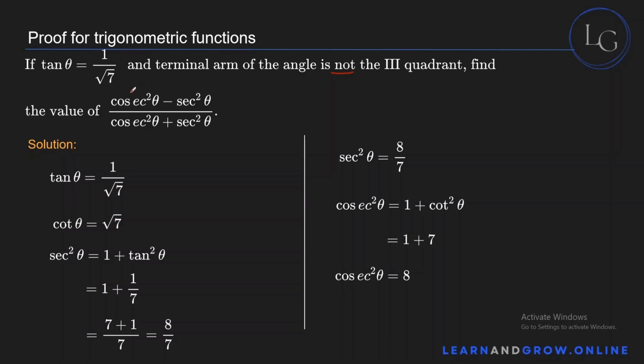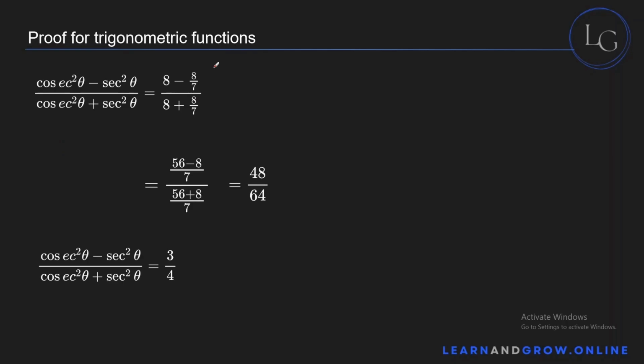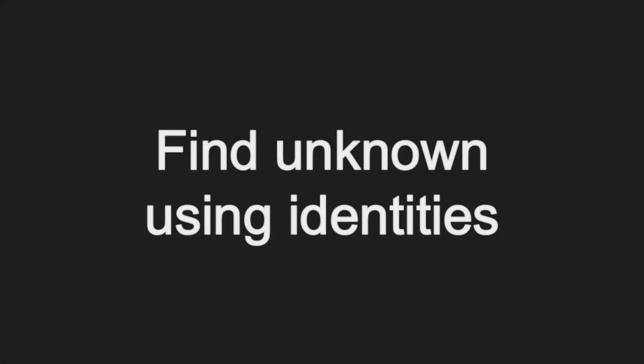So we have found the values of cosecant square theta and secant square theta. Now let's plug those values in, and then we get 48 by 64, which is equal to 3 by 4.